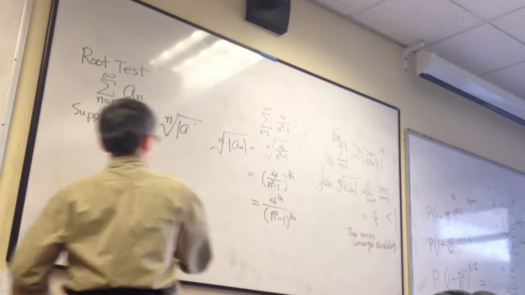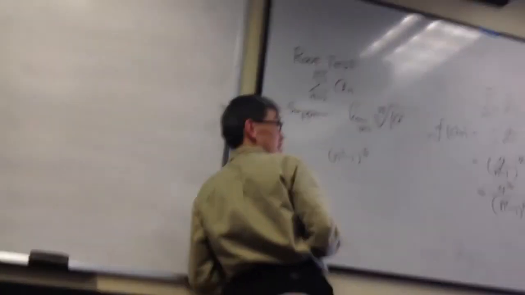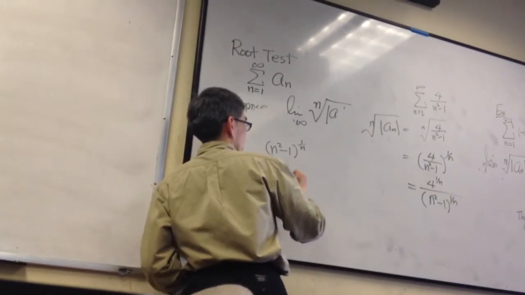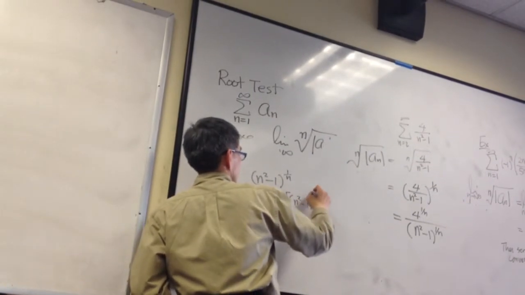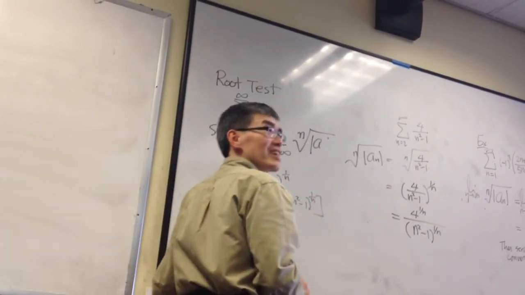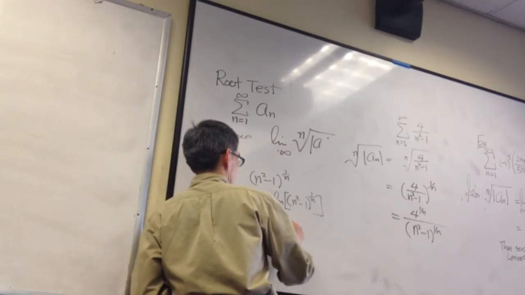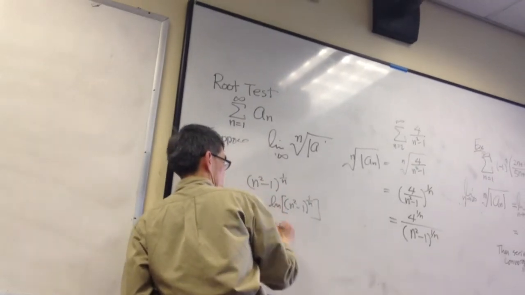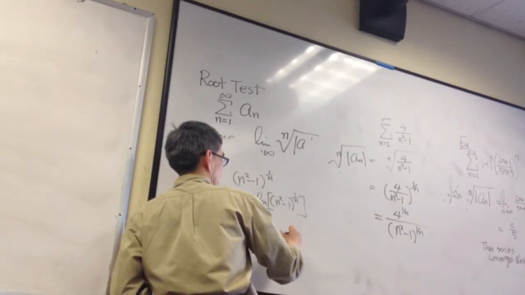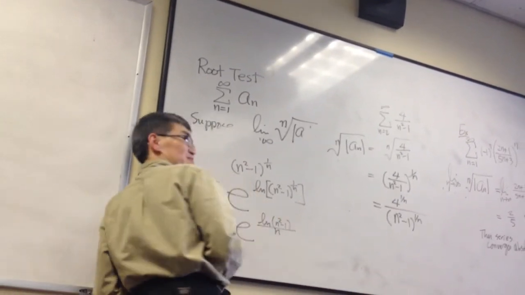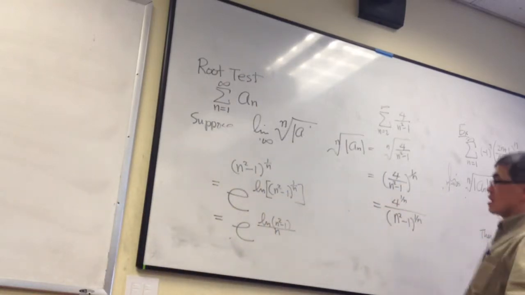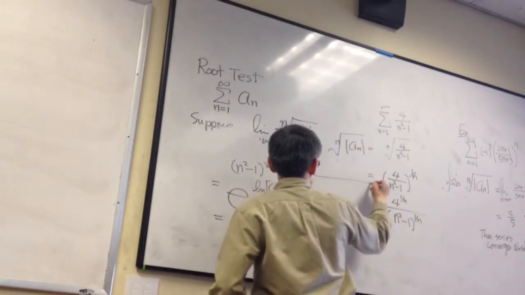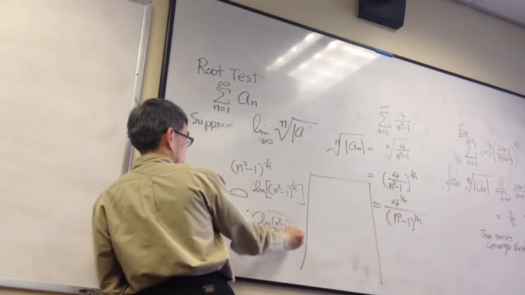So perhaps I examine the tendency of this part, which is e to the ln of (n squared minus 1) to the 1 over n's power. Then I pull out 1 over n, so it becomes e to the (ln of (n squared minus 1)) divided by n. Then I have to ask myself separately, over here, what happens to this exponent?